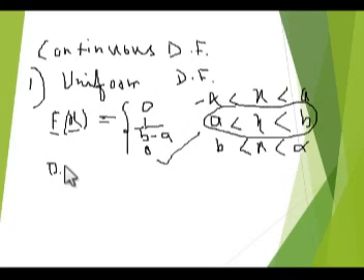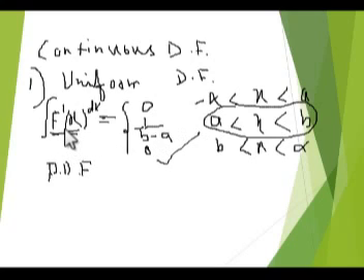If you want the PDF, the density function, then you have to differentiate this function with respect to the random variable, because the distribution function is a region, as I have already said in the diagram.